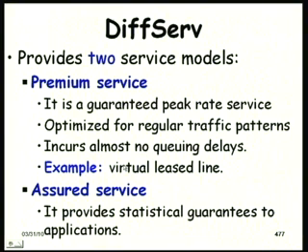So, it becomes almost like a virtual leased line. The internet behaves as if it is a virtual leased line, and the assured service class provides statistical guarantees to applications just like IntServ.